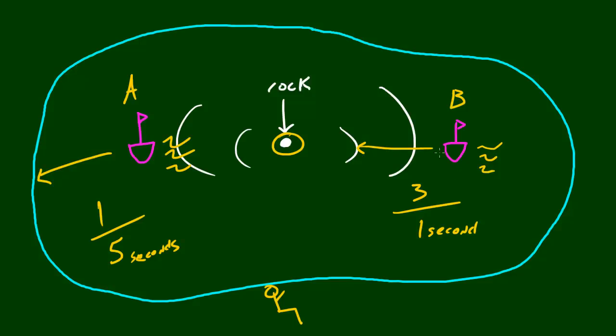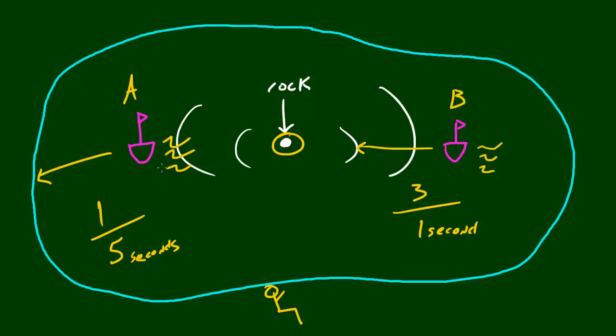So this person, due to the motion of their boat and due to the fact that the source, which is this rock right here, is moving closer to them, is going to see an increased frequency. And this person in boat A, since they're moving away from the source, is going to notice a decreased frequency, or the waves hitting them less frequently than before.